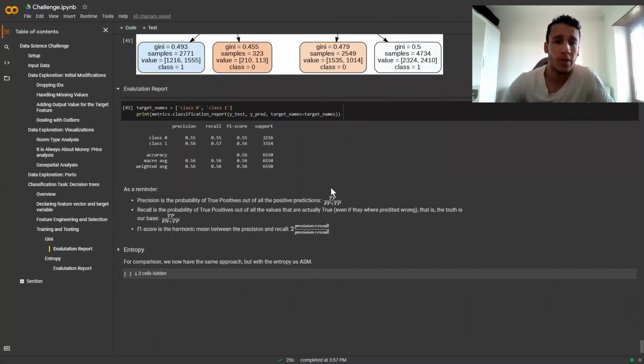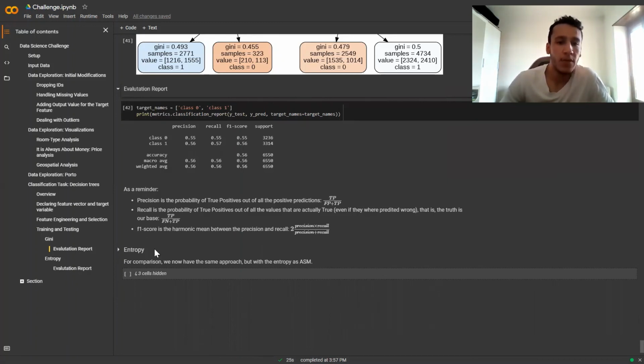It is the true positives divided by the times that you predicted positive. The recall is the true positives divided by the false negatives plus the true positives. So it's based on the truth, okay?